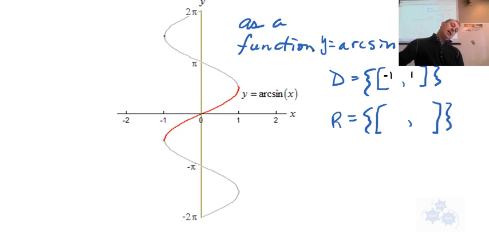And if you turn your head sideways, you can kind of see that this used to be the maximum and minimum point, right? For sine, it's negative 1 to 1, right? So that's now the new domain. And the range, we have to restrict, from here to here, and that range has to be restricted from negative, wait, let me just get my wits about me here. So from negative 1 to 1, and negative pi over 2 to positive pi over 2.